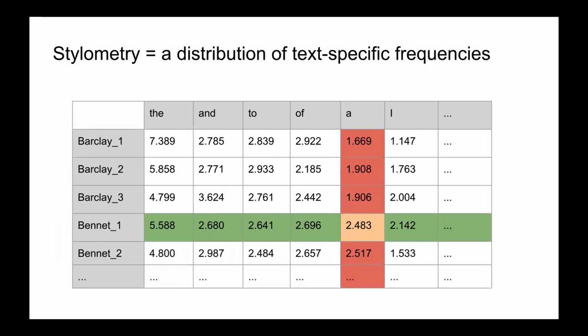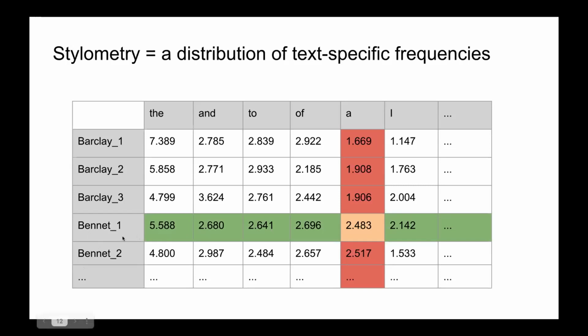Now, stylometry, or authorship attribution, likes to deal with a very simple setup where every single text, say we've got 3 books by Buckley and 2 books by Bennett, each text, or each sample, is represented by a vector. So we are at the vectors, but this is a different vector, and that's the issue.